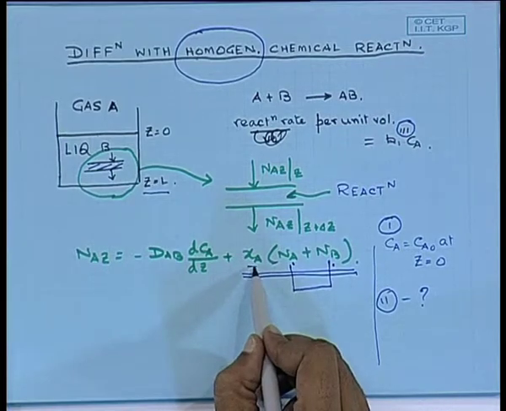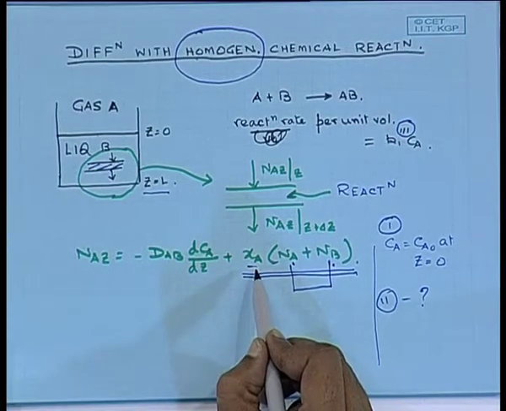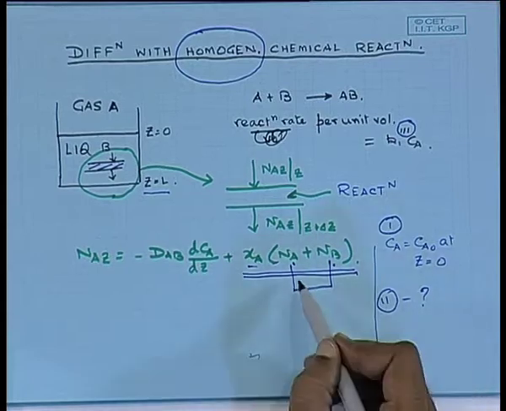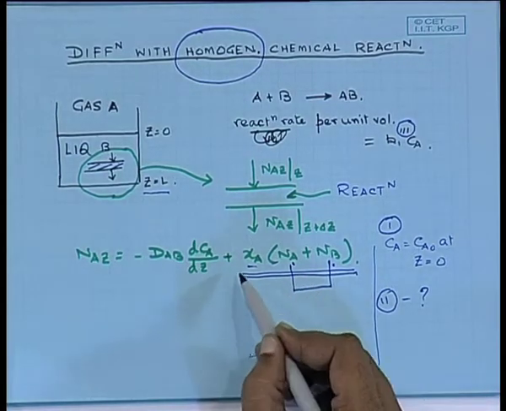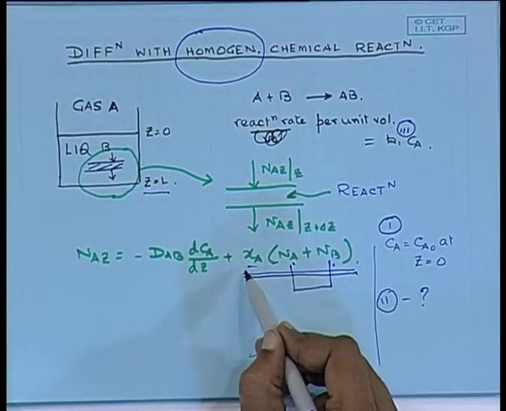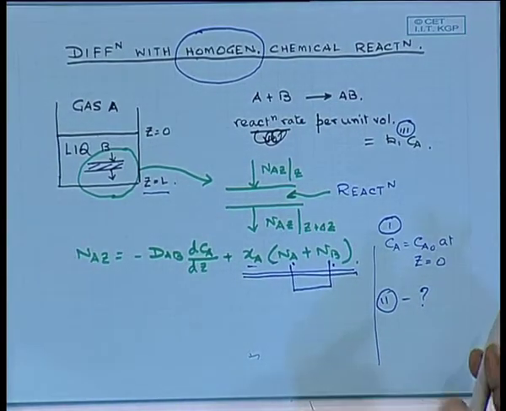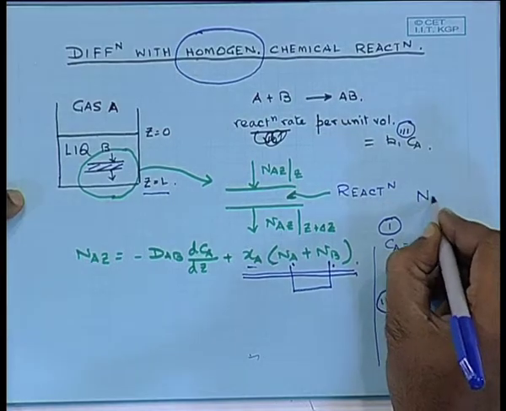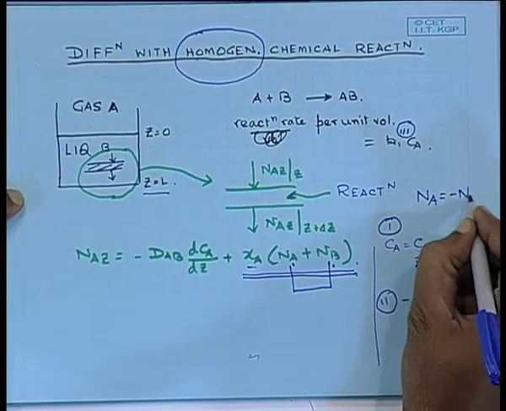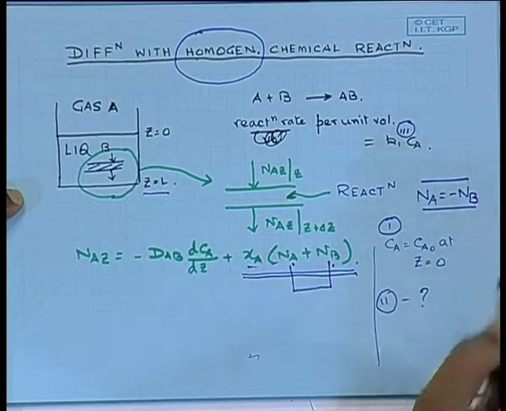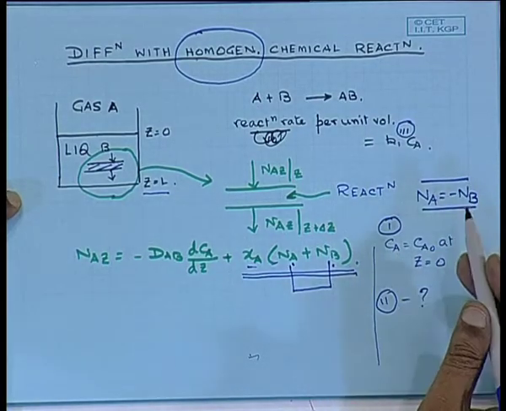So, for small values of XA, that means a dilute solution, or in a diffusion only process, these terms can be neglected. There exists a special case in which NA is equal to minus NB. This is a special case which we will discuss next.